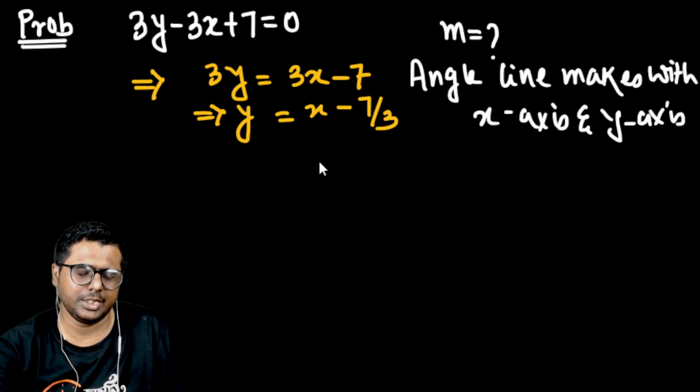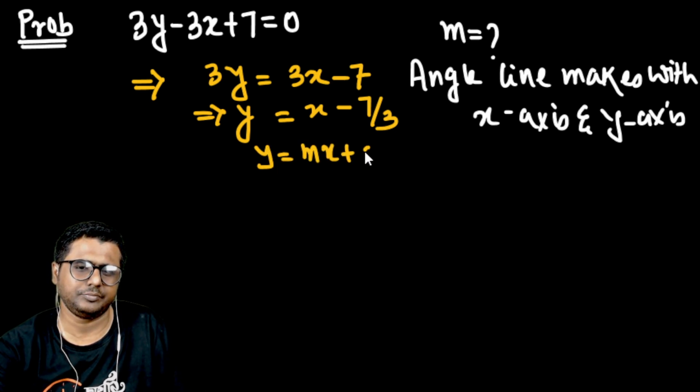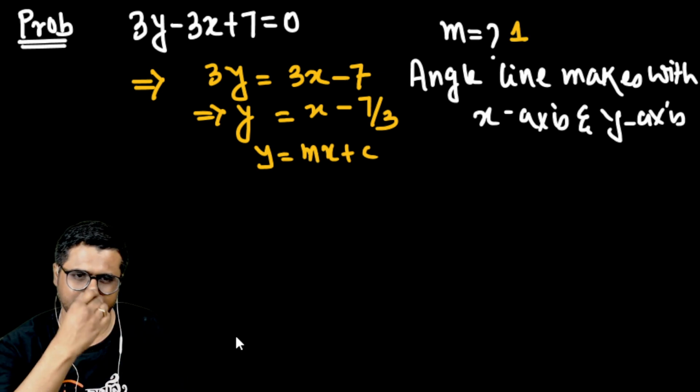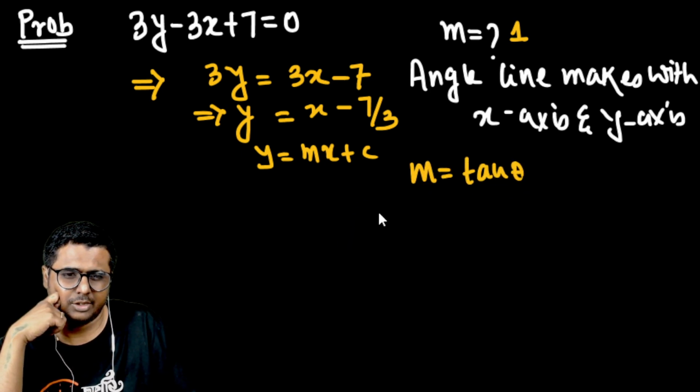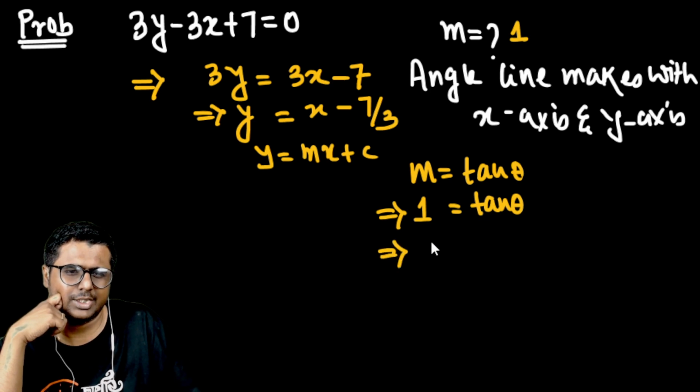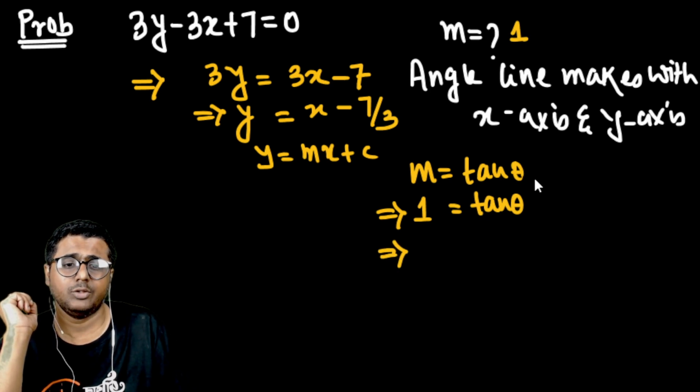From here I can easily compare with y is equal to mx plus c, and it becomes clear that slope is nothing but 1. Slope m is equal to tan theta, and here the slope is 1. Now what is this theta? This theta is the angle, that is inclination, the angle with the x axis.